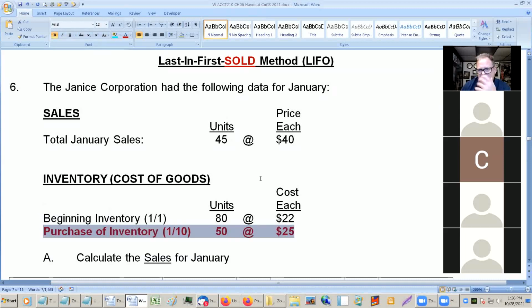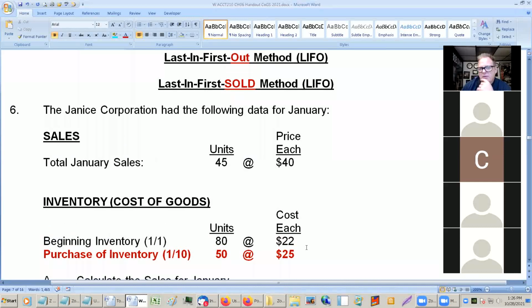So it's not the actual flow at all. This is sort of a theoretical number, the best estimate of what those items are really worth. So LIFO is generally considered to give a more accurate income. Economists will tell you it is the most accurate as far as income.